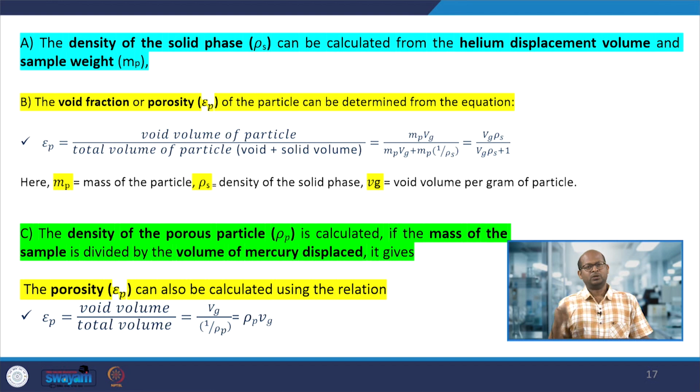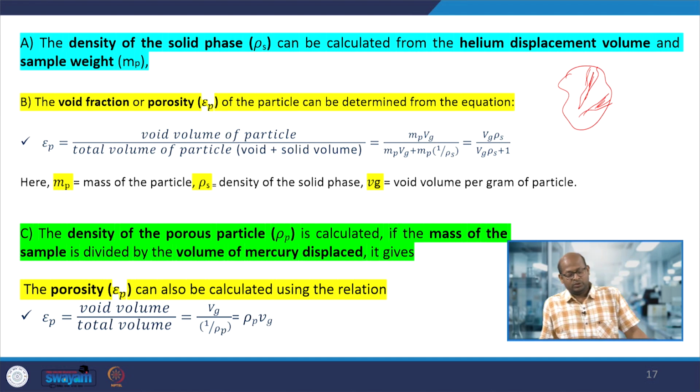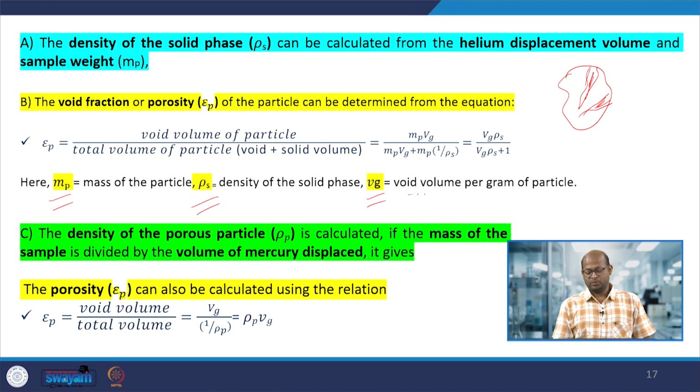Even the amount of porosity, I said in porous materials different types of pores are present. So this porosity or void fraction we can also find out by these two methods. If we know the mass of the particle taken, the density of the solids and the void volume per gram of the particles, the particle density, we can calculate it using these two methods.